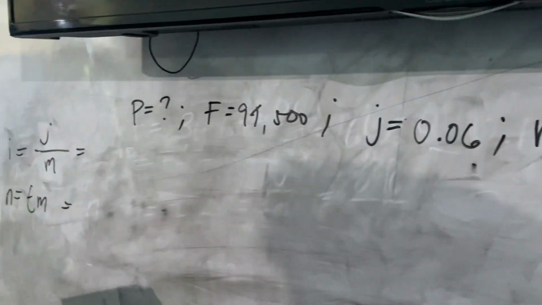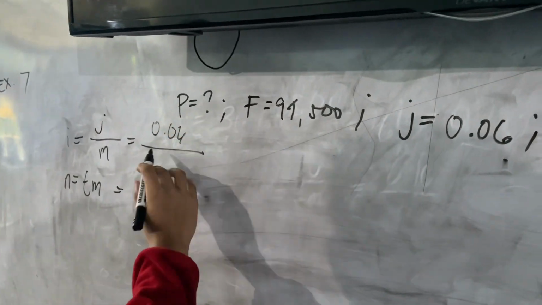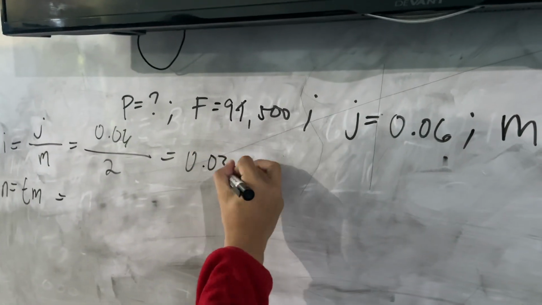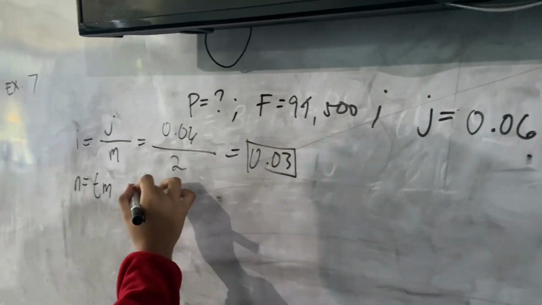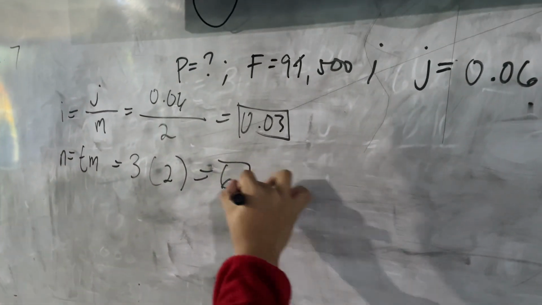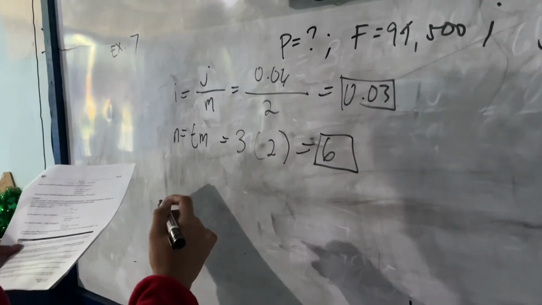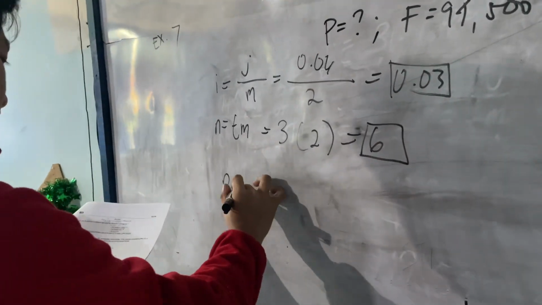Let us first look for i. j is 0.06, m is 2. If we divide them, we get 0.03. Let us now look for n. t is 3 and m is 2. We multiply them, we get 6. Let us now look for P using the formula.